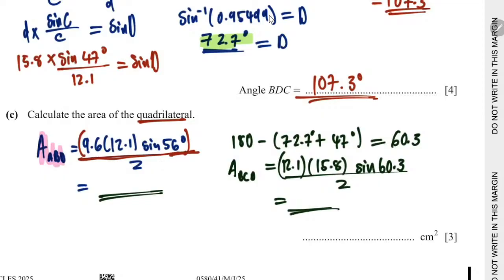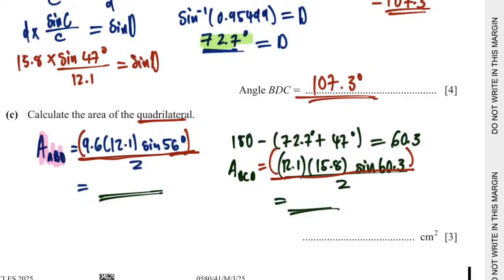What do you get for ABD? 9.6 by 12.1 by sine 56, all divided by 2. What are we getting? Put the answers in the chat, everybody. 48.15. Okay.